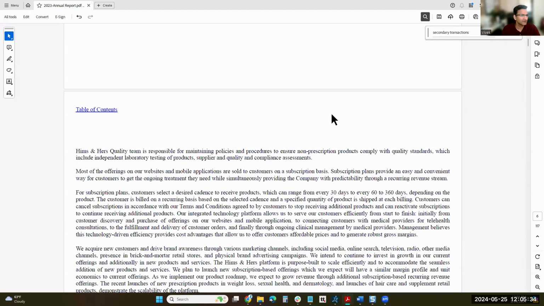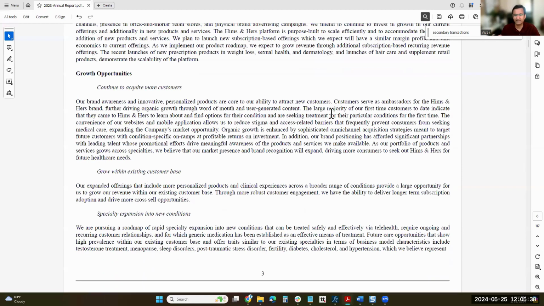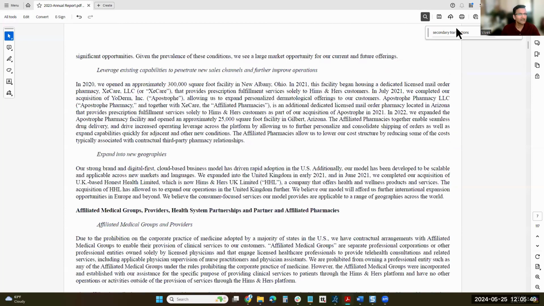growth opportunities. How big is the overall market? We still haven't gotten the market size, right? Somewhere they will explain what the total TAM is. Growth opportunities, we talked about this. Let's say TAM, total addressable market.